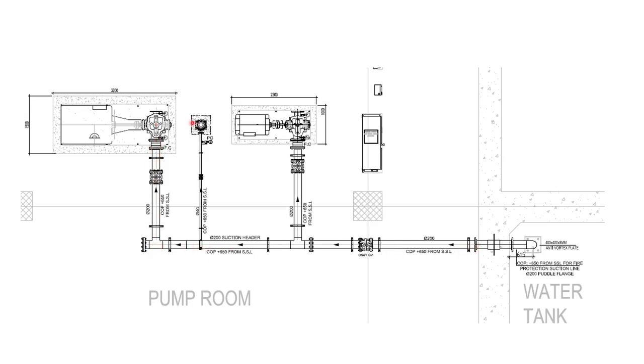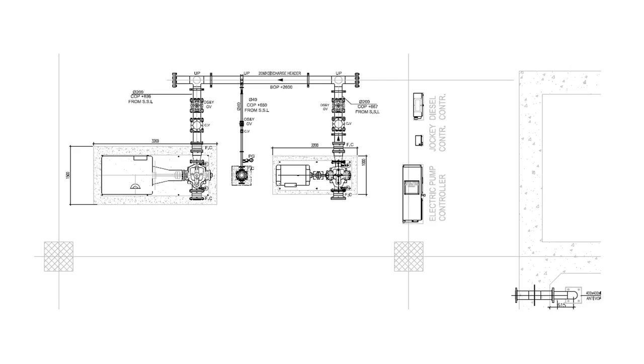Fourth step, in order to understand properly, I removed the suction line and I am just showing the discharge line. Basically, on the discharge side of the pumps, we will have a check valve. Then after the check valve, we will install one OS&Y gate valve for each pump.